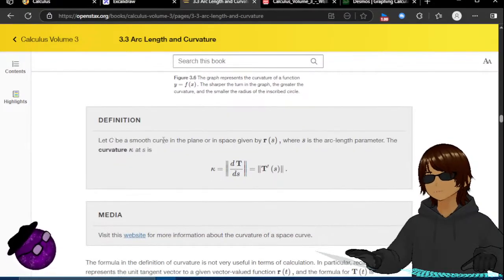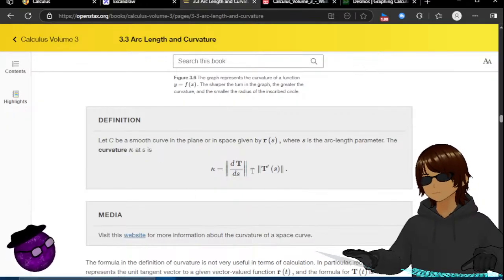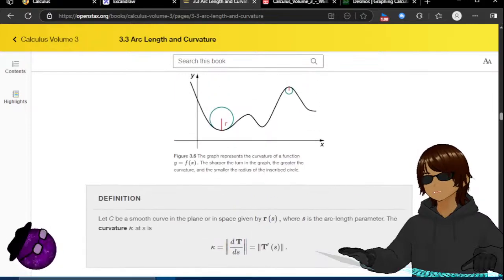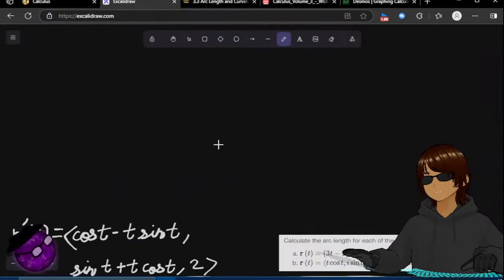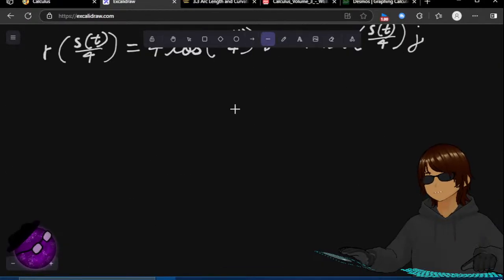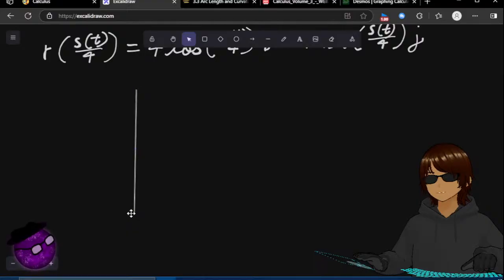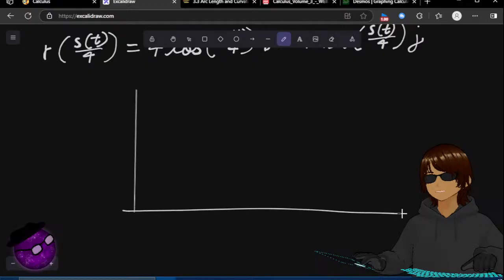Let C be a smooth curve in the plane or in space given by r, where s is the arc length parameter. The curvature kappa at s is given by this. So we have, okay, I removed, we have this and this.